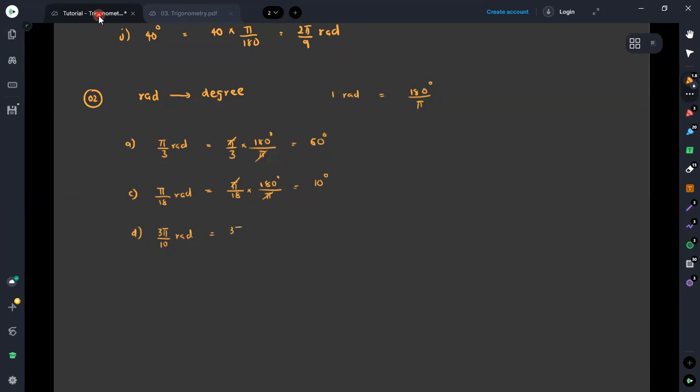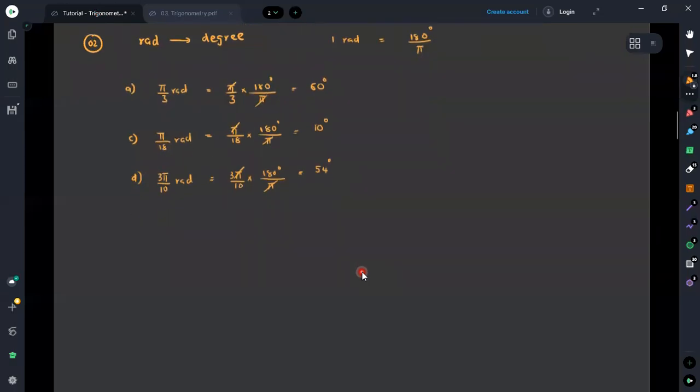Then it is 3π divided by 10 multiplied with 180 degrees divided by π. Here we can see the π and π cancel out. Then 3 times 180 divided by 10, we'll get the angle as 54 degrees.